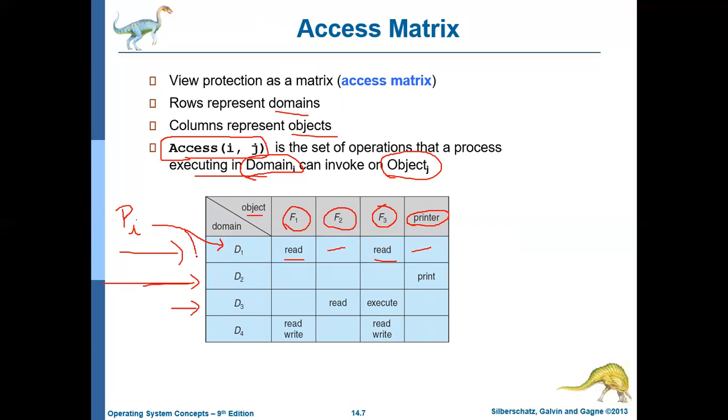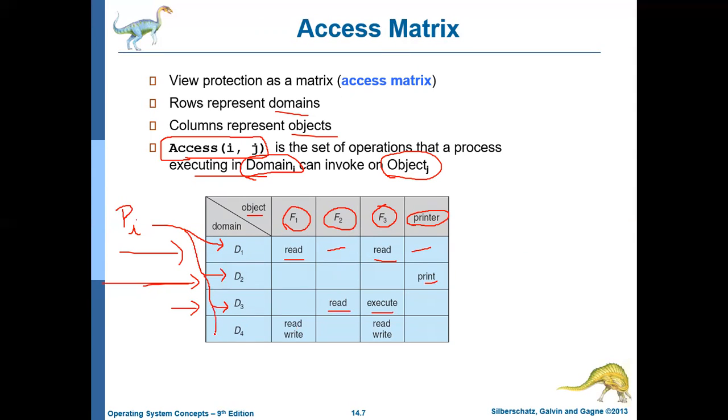If the process Pi is executing in the domain D2, then it can perform only print operation on the object printer. It cannot perform any other operation. If the process Pi is executing in the domain D3, then it can perform read operation on the object F2 and execute operation on the object F3. It cannot perform any other operation.